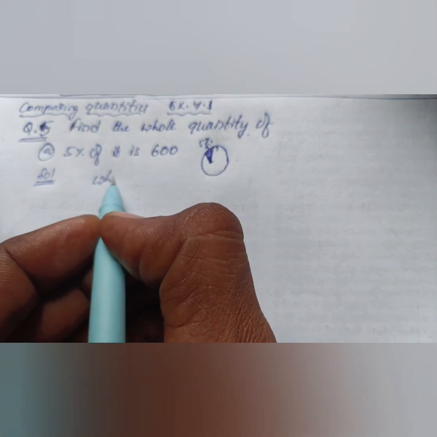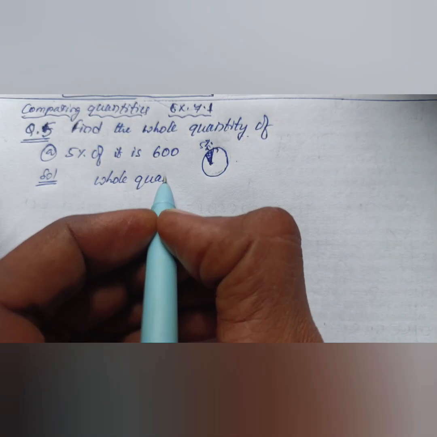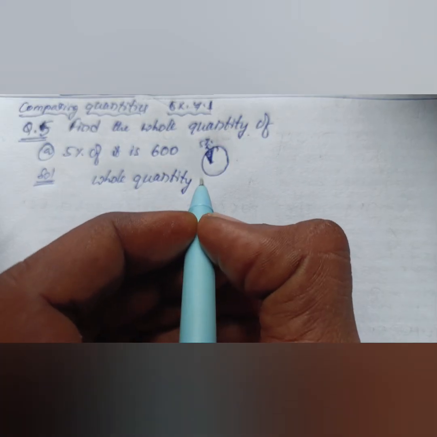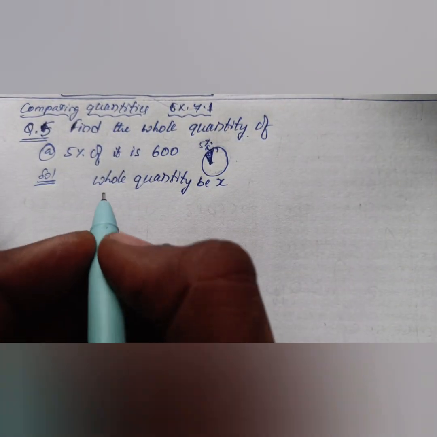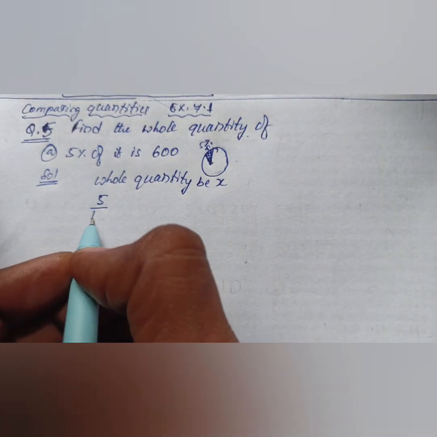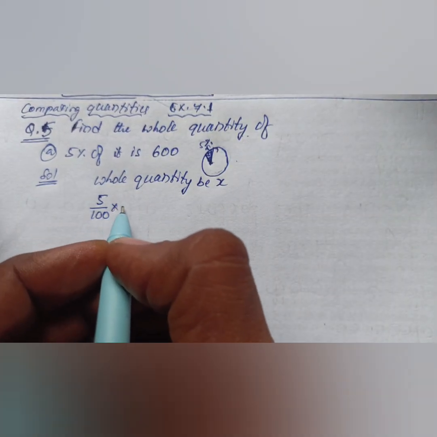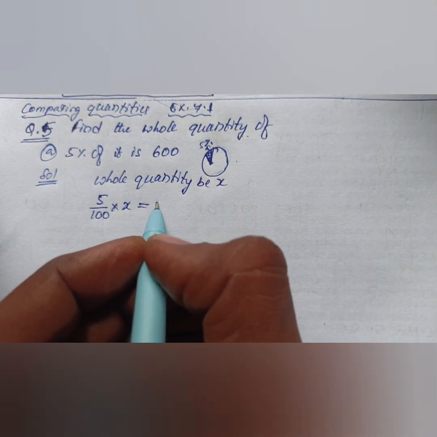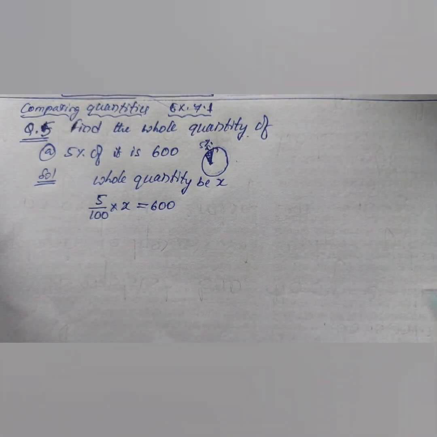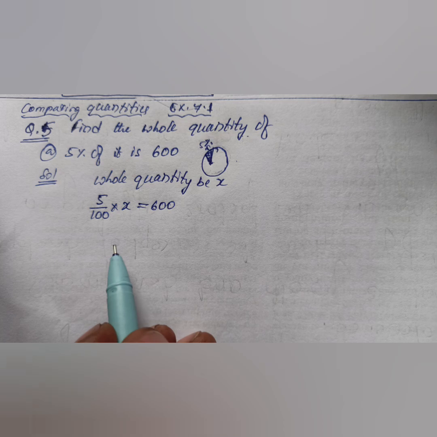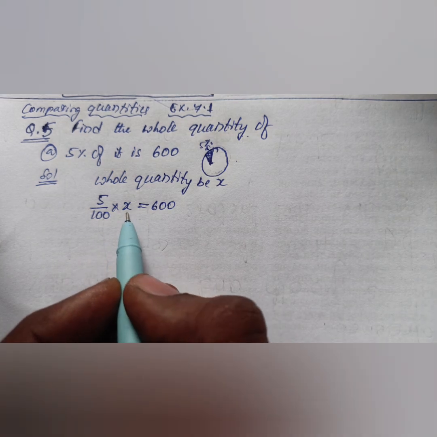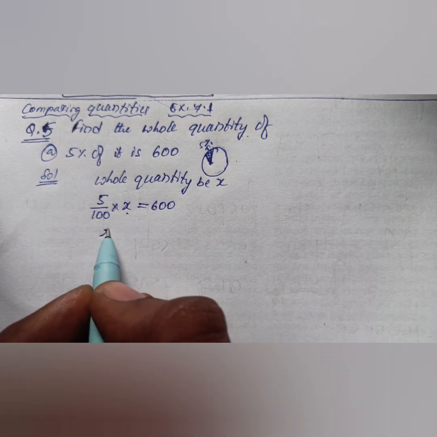Let's say the whole quantity be x. We know the formula, how to write. 5% means 5 divided by 100 into the whole quantity x is equal to 600. Now it's all about calculation. We need to find out x. Let's keep x here only.